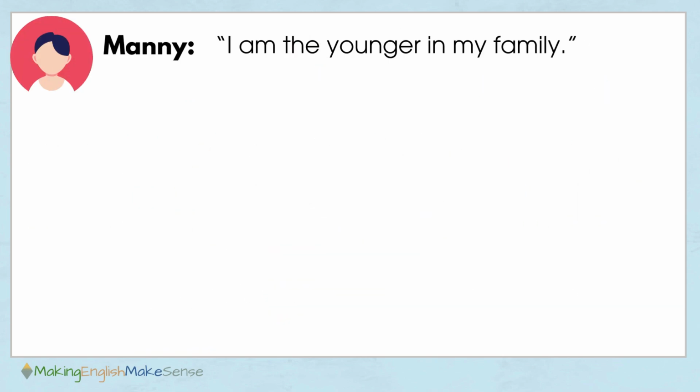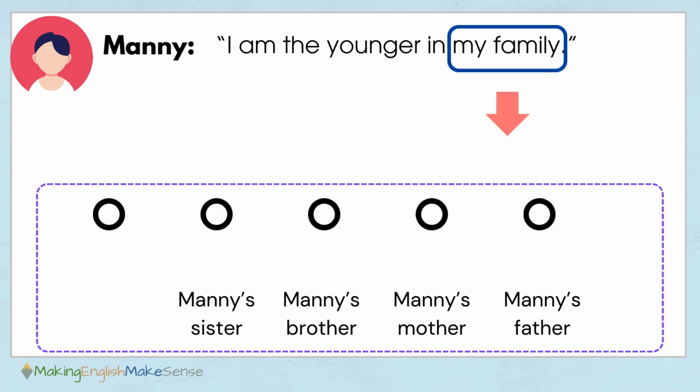In our final sentence, I am the younger in my family, the second noun refers to an entire set or group of which the subject is also a part of. In this case, the speaker is talking about their own family, and the subject I is being compared to all the other members of the family.